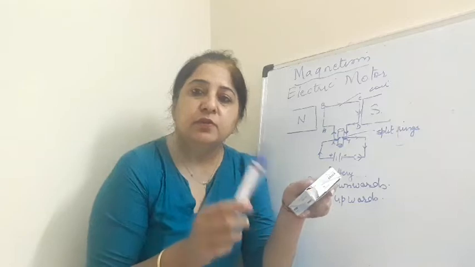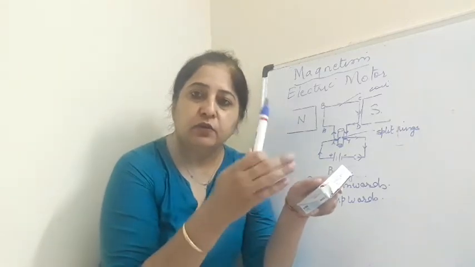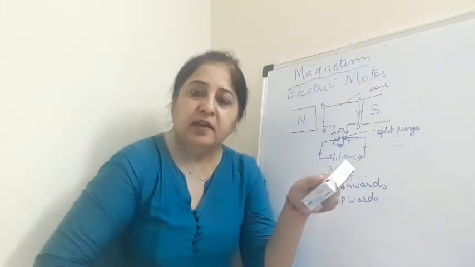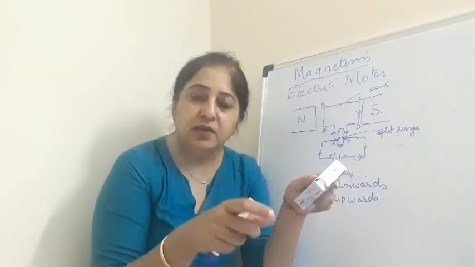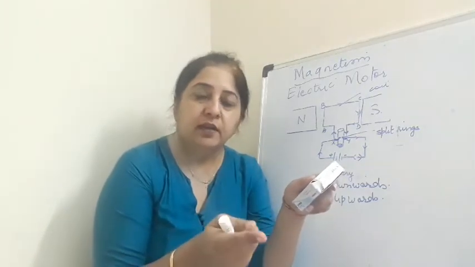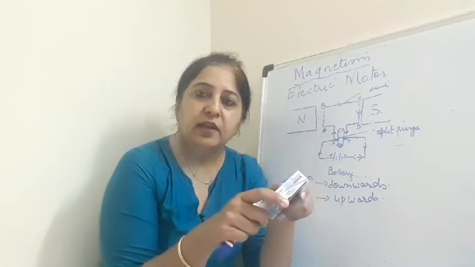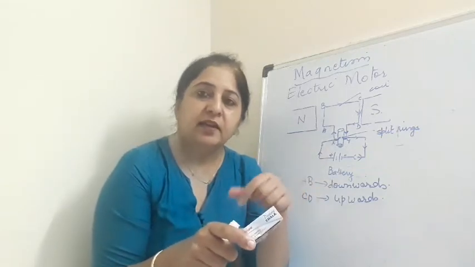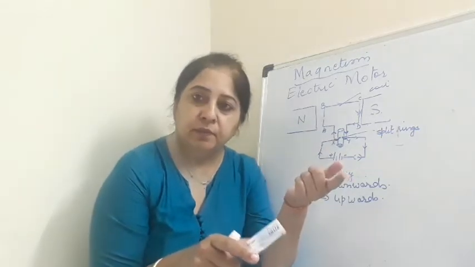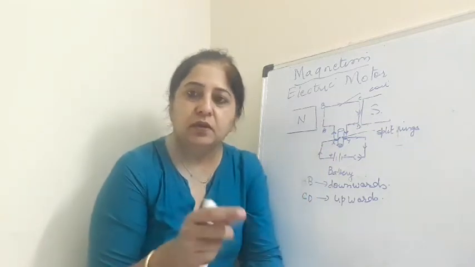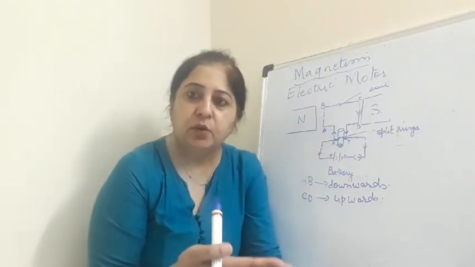So when we switch on the washing machine, the motor works, and the coil inside is rotating and the electric current is getting converted into mechanical energy. So this is how the electric motor works.